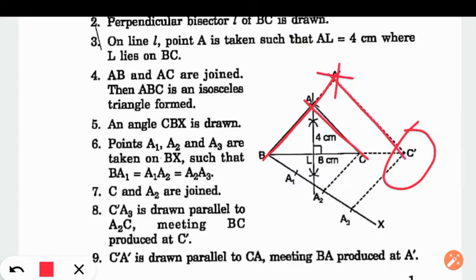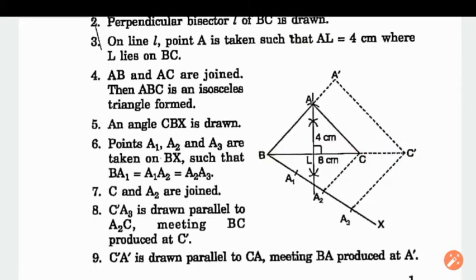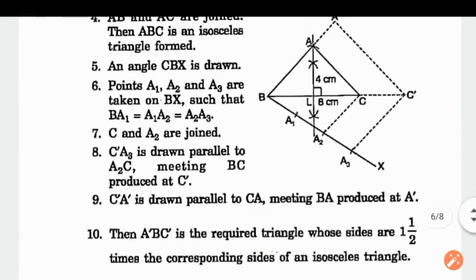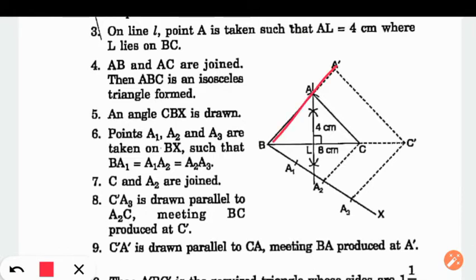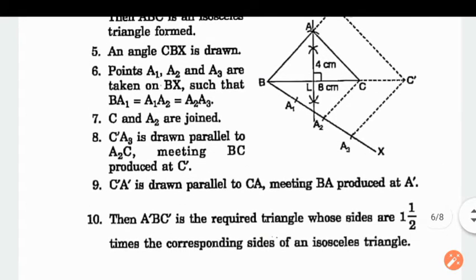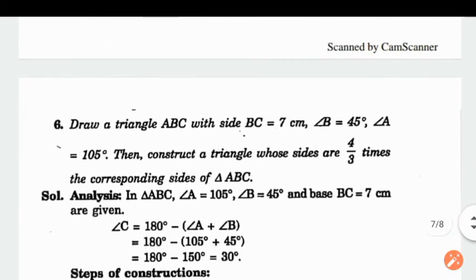Join A dash and C dash. Then this triangle A dash, B and C dash is the required similar triangle whose sides are 3 by 2 times the corresponding sides of the isosceles triangle. Done.